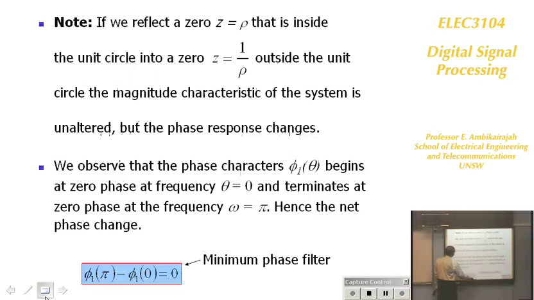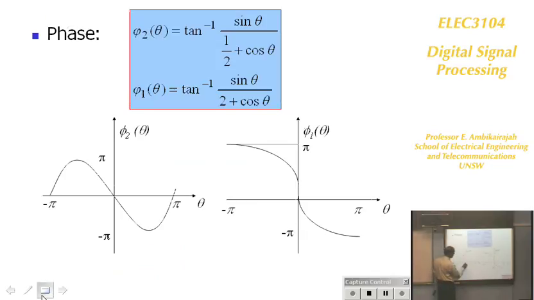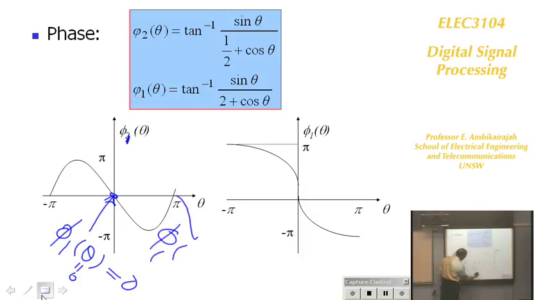What you do is you say, what's the phase 1 at pi, and what's the phase at 0, and you subtract these. So go back to your diagram. In this case, at that point, phase 1 theta, which is equal to 0, is 0, and phase 1 at pi is equal to 0.